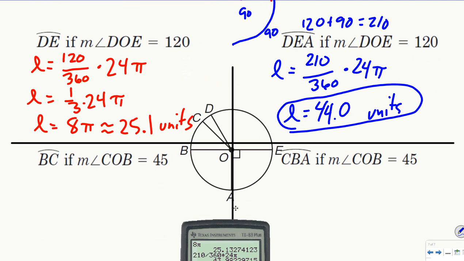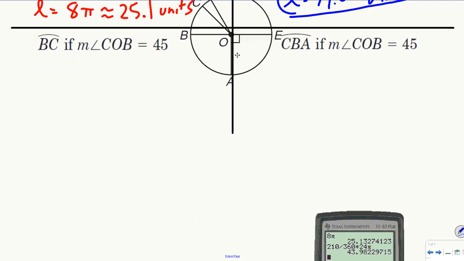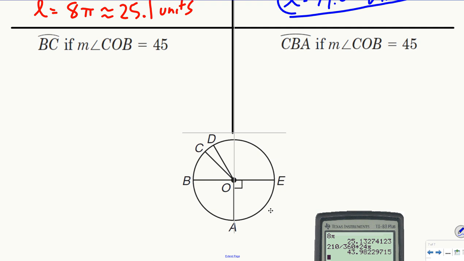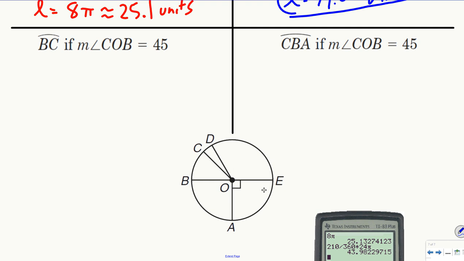Bring that circle down here. All right, so let's do a couple more examples. Same idea. Angle COB is 45. So the arc length of BC: this arc is the same measure as the central angle that opens up to it. Notice this angle here opens up to that arc.